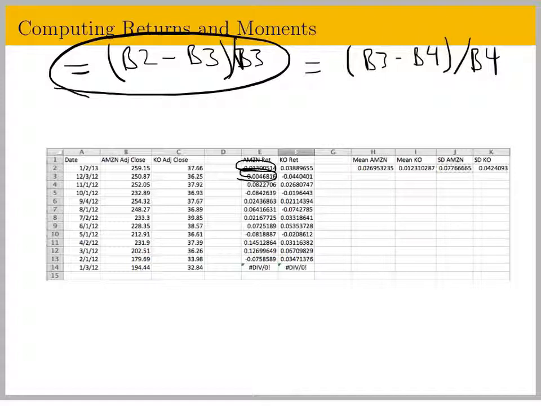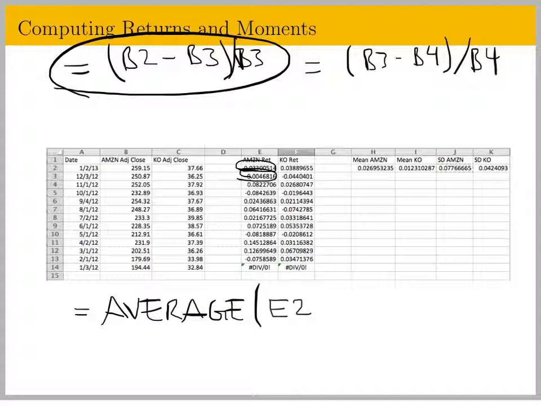Now over here, I simply used the function in Excel, AVERAGE, and I want to average these values in this column. So I write in E2, so I want to average the values starting at cell E2 colon, meaning going to E13.